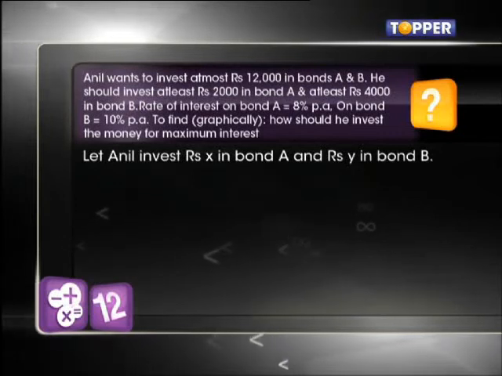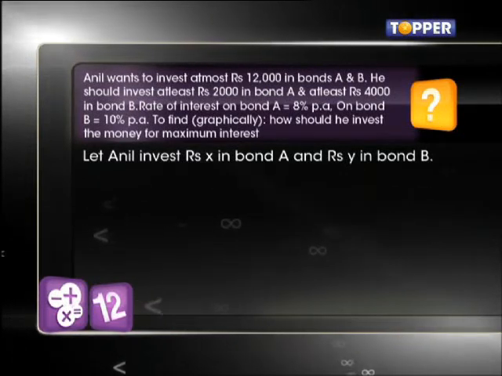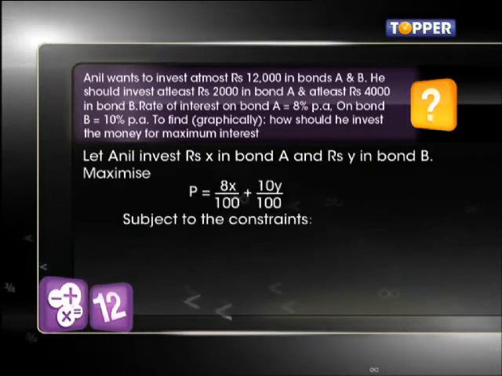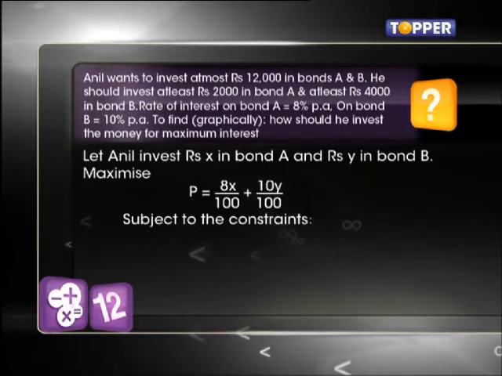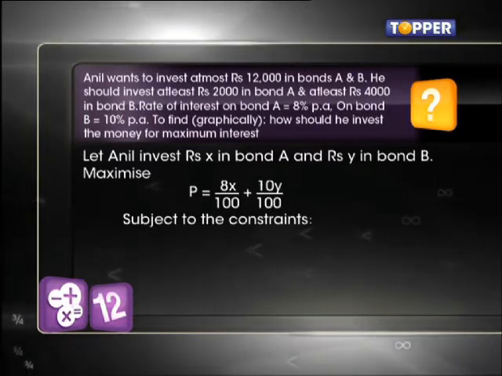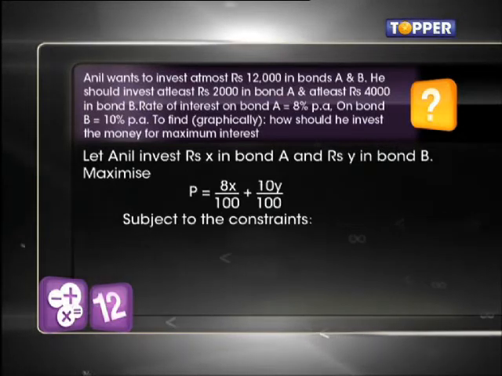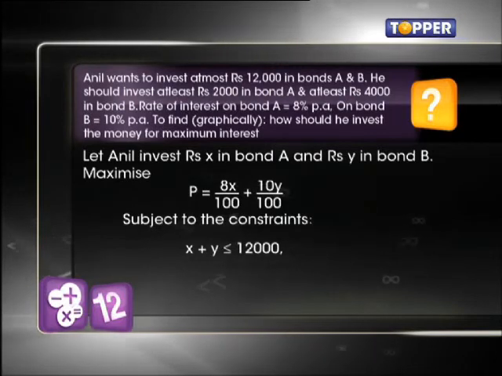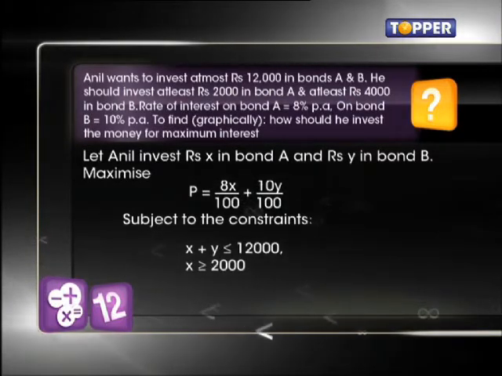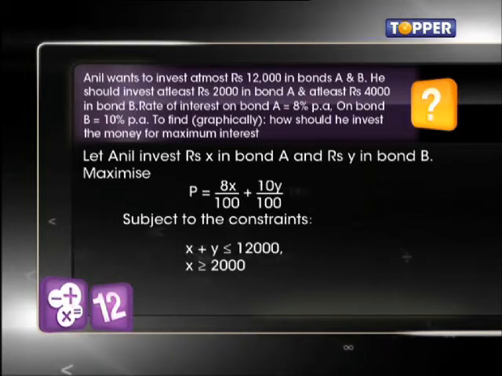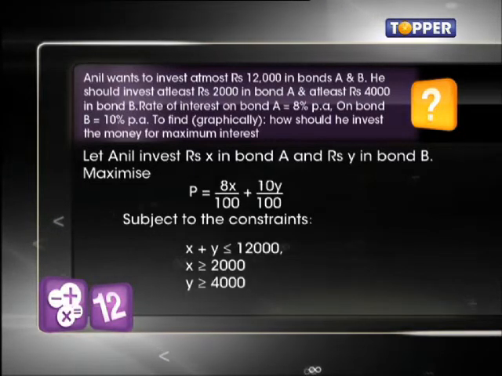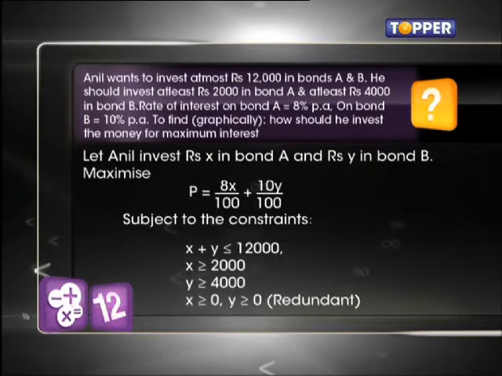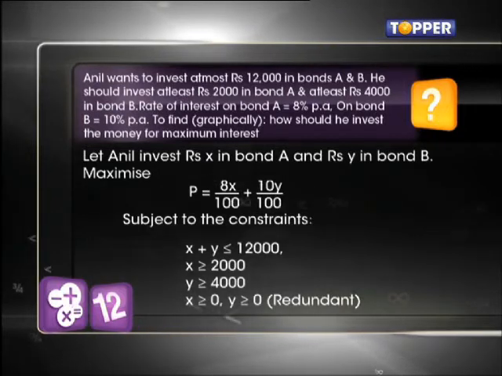Let Anil invest rupees X in bond A and rupees Y in bond B. Our problem is to maximize P = 8x/100 + 10y/100, subject to the constraints x + y ≤ 12,000, x ≥ 2,000, y ≥ 4,000, x ≥ 0, y ≥ 0.